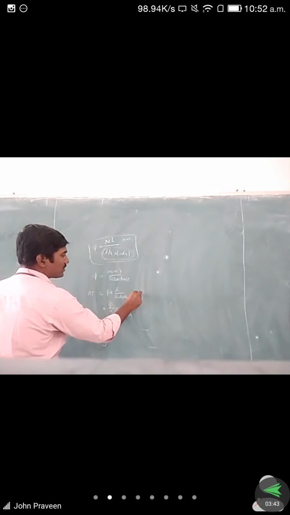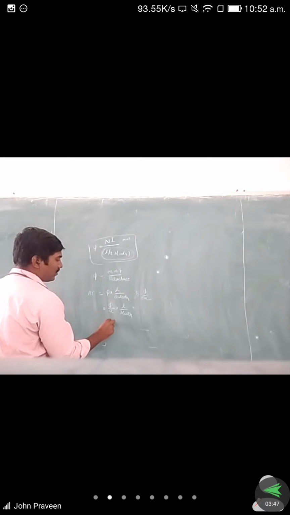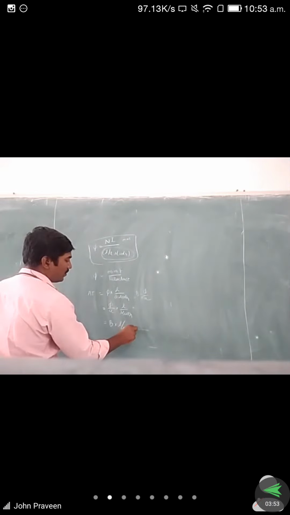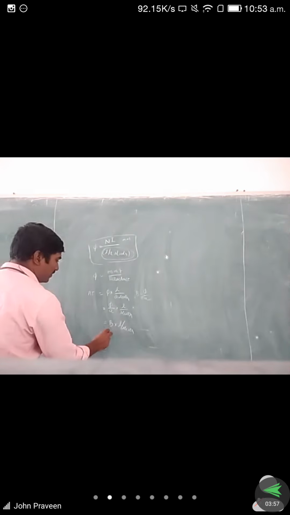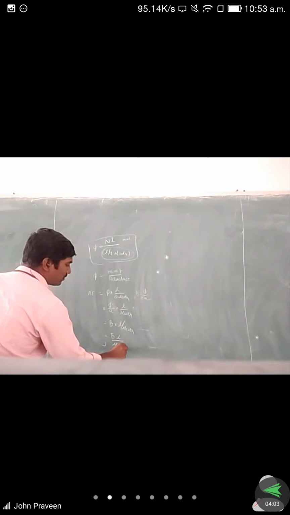So phi by A is equal to B. Already we know that value. That implies B into L by mu naught into mu r.